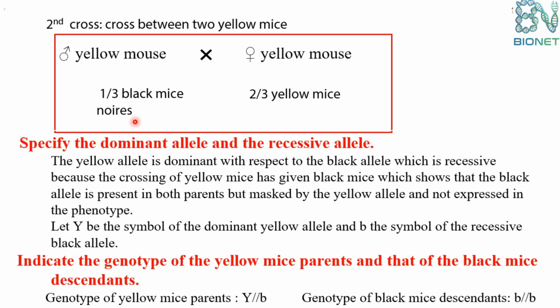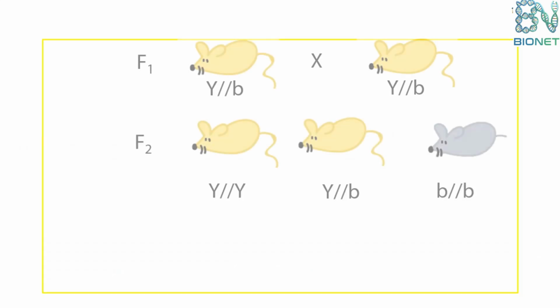Since in the descendants there is appearance of the black color, then the allele determining the black color is hidden in the parents, whose genotype is YB. So the genotype of the yellow parent is YB and the genotype of the black mouse is BB. So this is the genotype YB of the yellow F1 mouse, and this is the genotype of its partner.